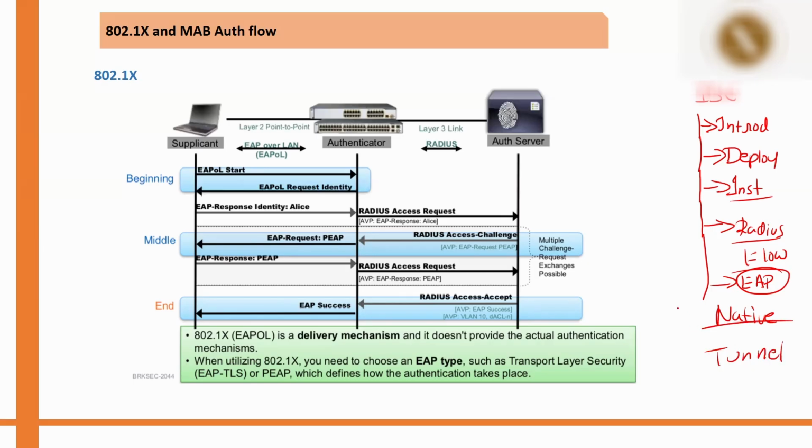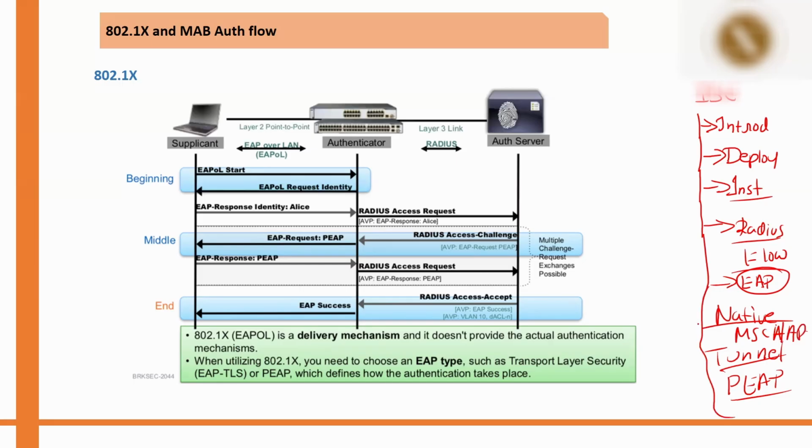Native EAP is MSCHAPv1 and MSCHAPv2, and tunneled EAP is like PEAP, Protected Extensible Authentication Protocol.